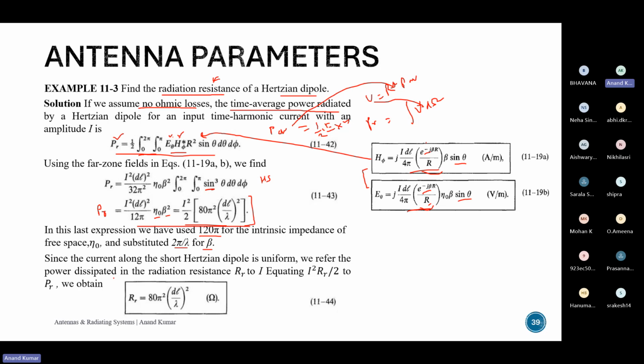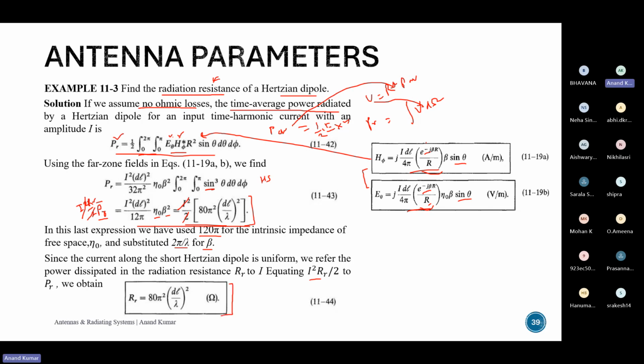Now for the Hertzian dipole, if we have no losses, we can write radiated power as I square R by 2. So we can write I square R by 2, and then the I square terms and the 2 will cancel, and we get R_r as 80 pi square times (dl upon lambda) whole square.